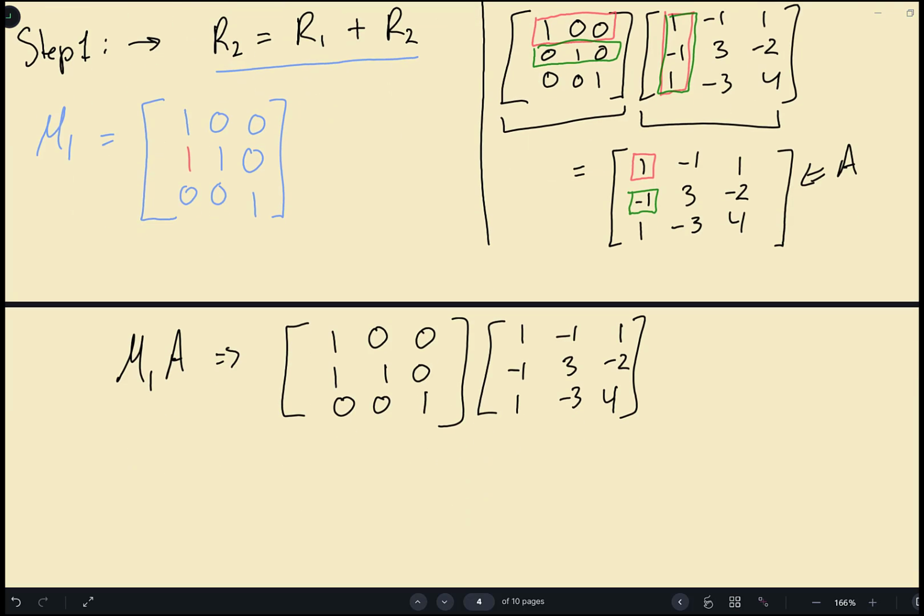So in the first row here, when I multiply by this, nothing changes. When I multiply by this, nothing changes. When I multiply by this, nothing changes. So the first row will be basically unchanged. So we're going to get 1, negative 1, and 1. Then we go to the second row, where we're going to be doing this operation here.